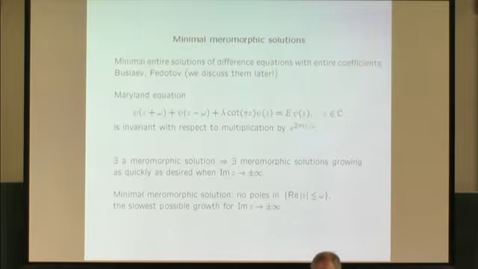The rate of growth might be different at plus and minus infinity. It has the slowest possible growth simultaneously as the imaginary part tends to plus infinity and to minus infinity. You have to control the rate of growth simultaneously at both infinities. Otherwise, just by multiplying by this exponent, you can switch.